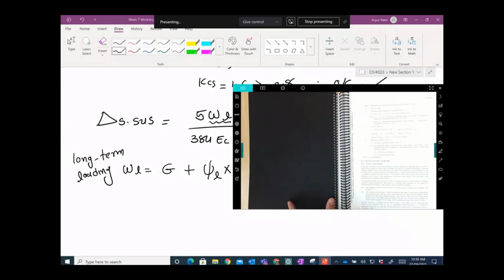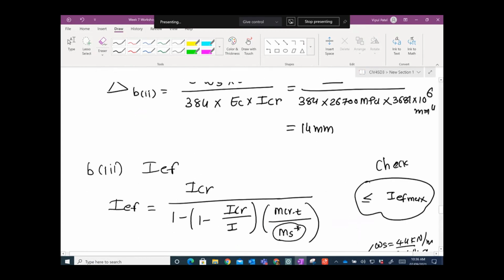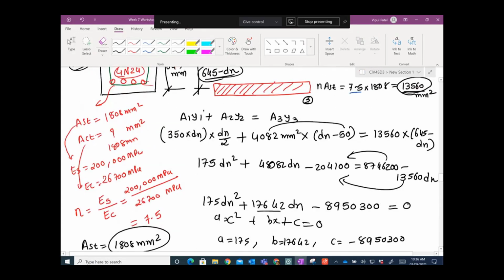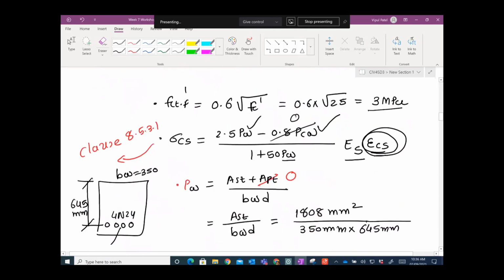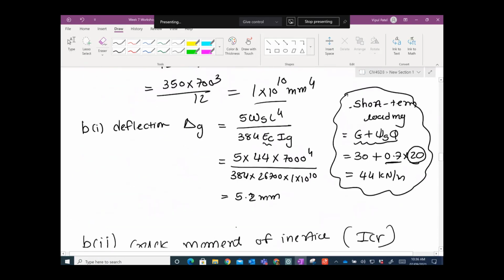But in our questions, they have given you this psi L value, so we're going to use it straight away. But that is for your knowledge, where the value is extracted. So psi L is given. Let's plug that value in.